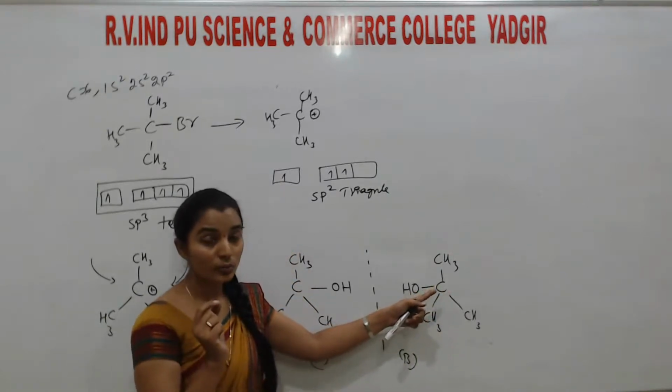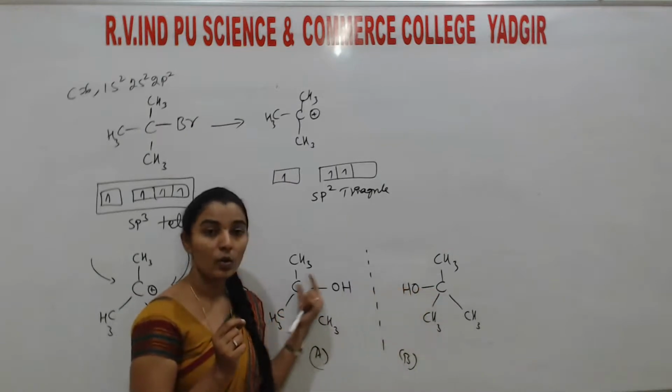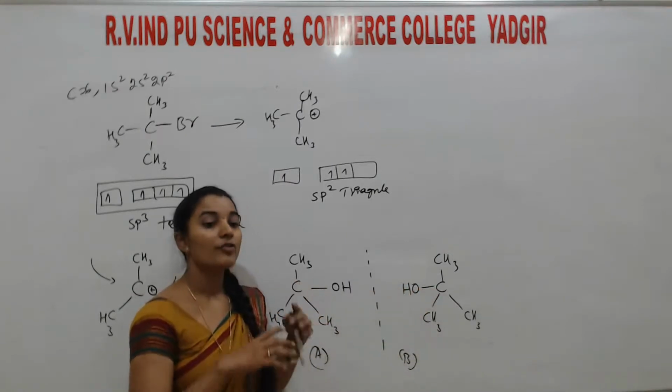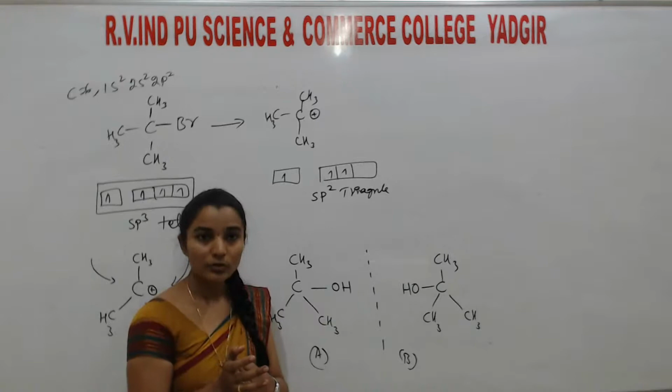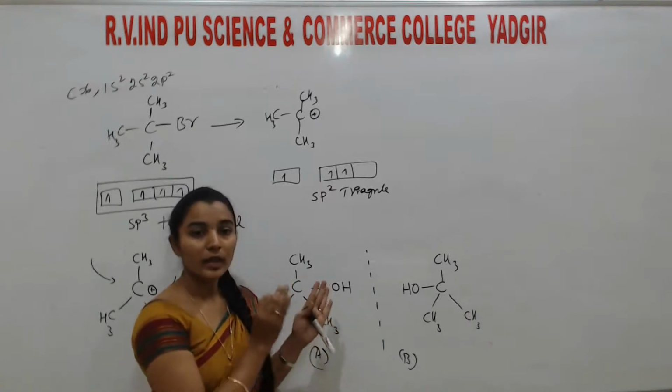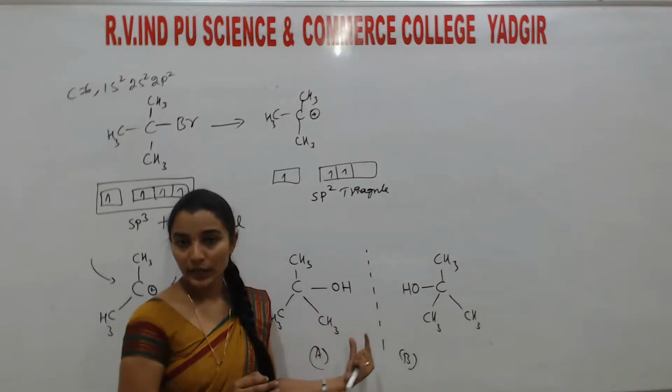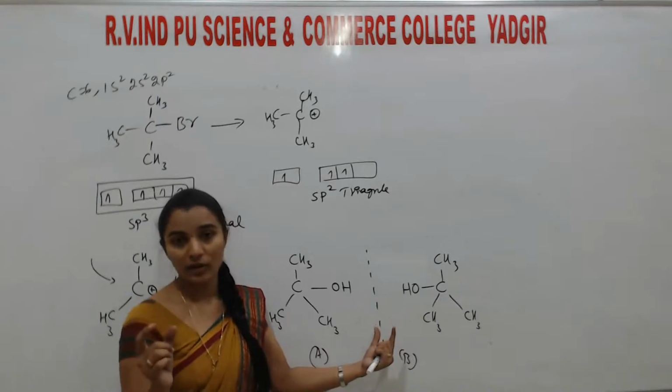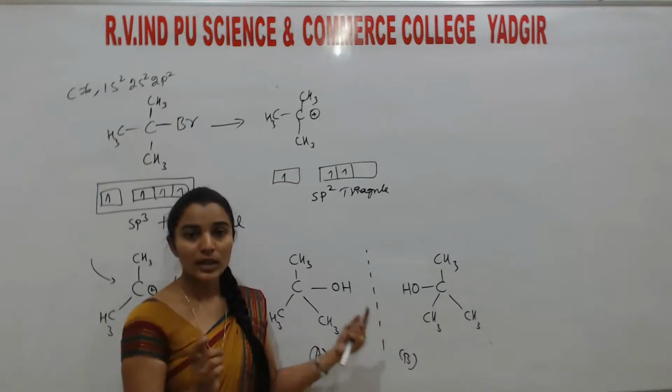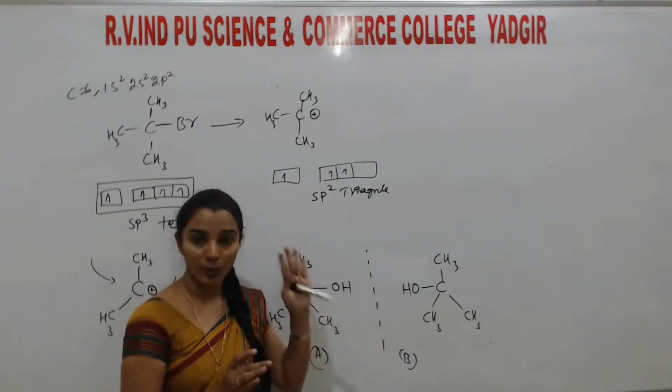The one which is not superimposed is the OH. If all the atoms are superimposed, then only they are identical products. Anomers, they are called. They are not mirror images, they are superimposable.